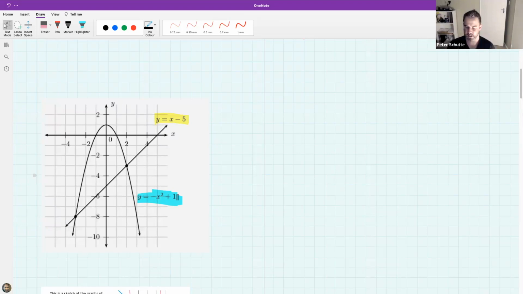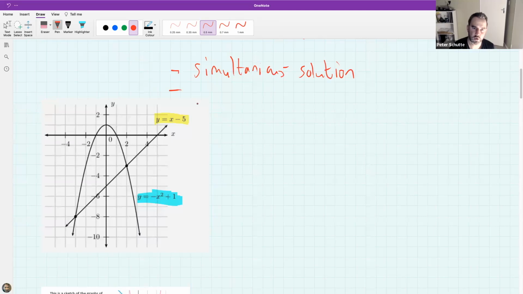What is different about asking for the simultaneous solution of these two graphs, or an equivalent way, to find the intersection points of these two graphs? But what's different about this?